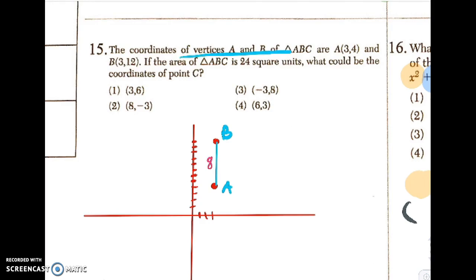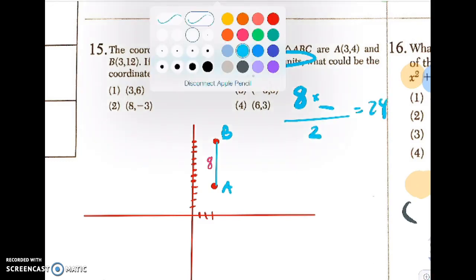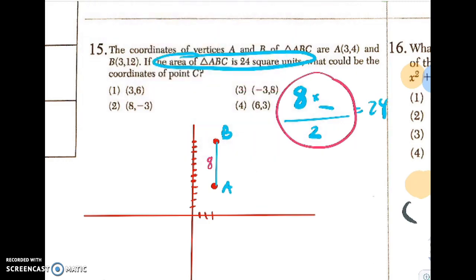If the area of the triangle is 24 square units, and we know that one side of the triangle is 8, it's basically 8 times what divided by 2 equals 24. Because that's the formula for area of a triangle. Base times height divided by 2.